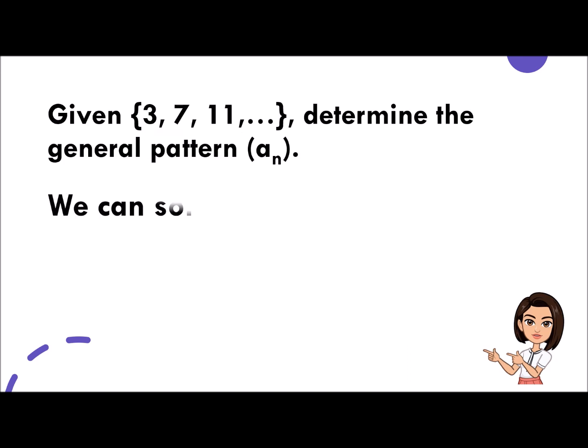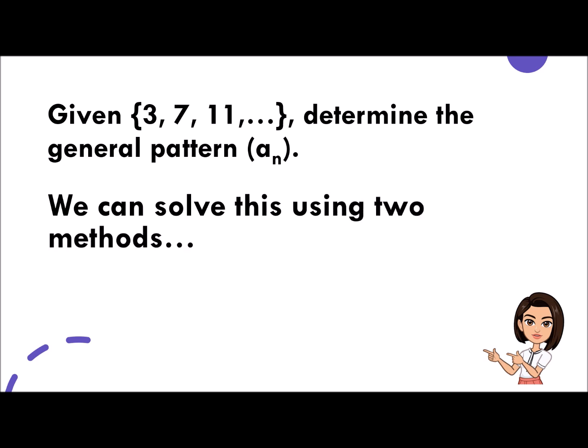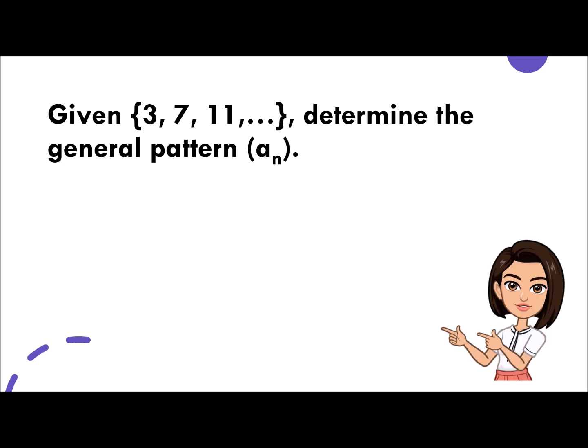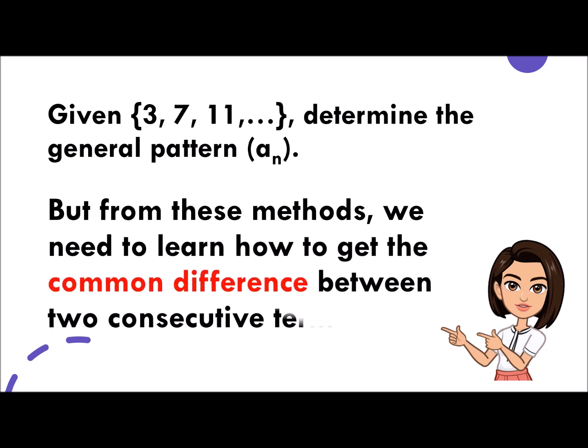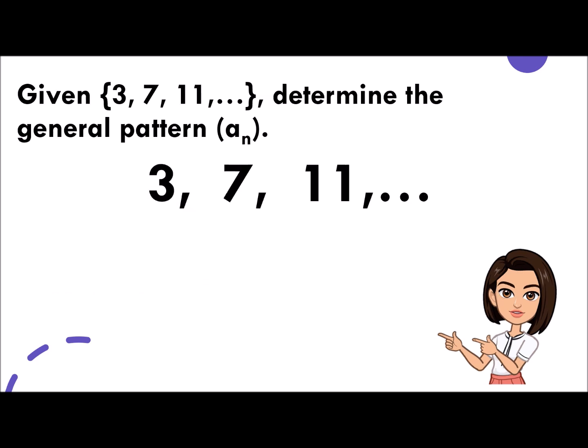We can solve this using 2 methods. But from these methods, we need to learn how to get the common difference between 2 consecutive terms. So if there is an operation involved, once we say difference, the operation involved is subtraction. Very good. So let's learn that first. So having 3, 7, and 11, we need to get the common difference.